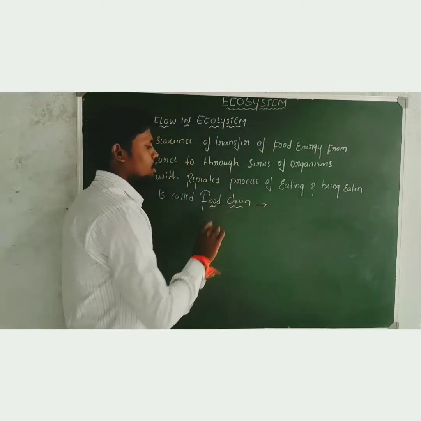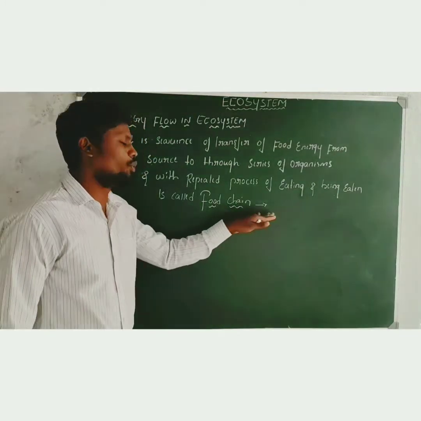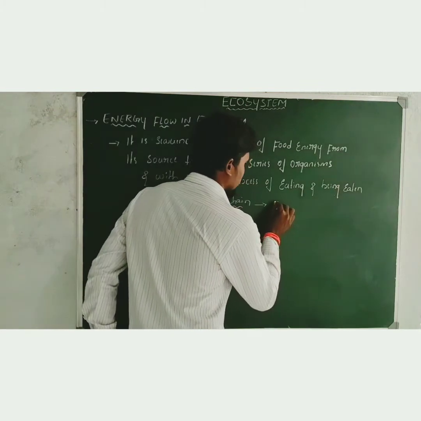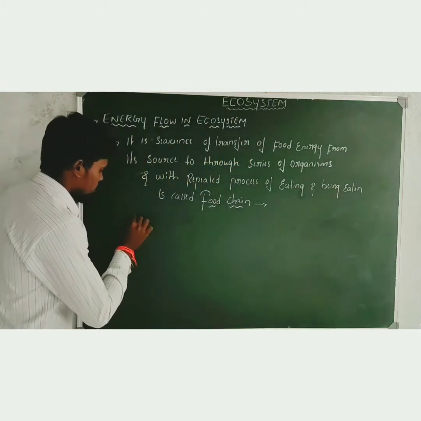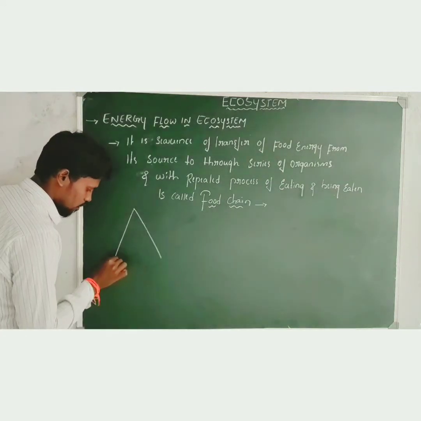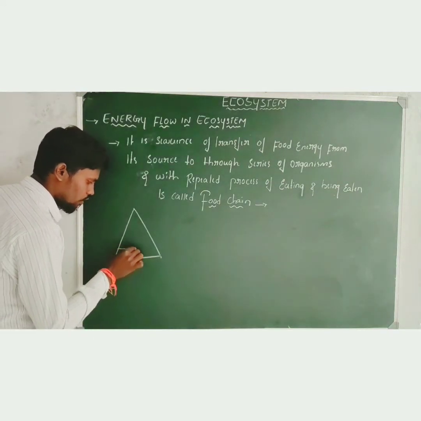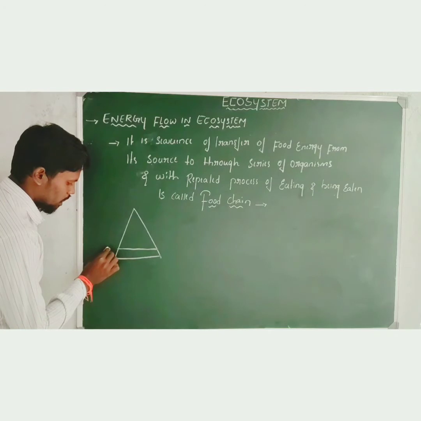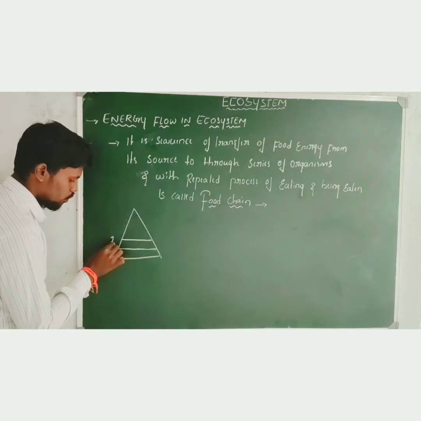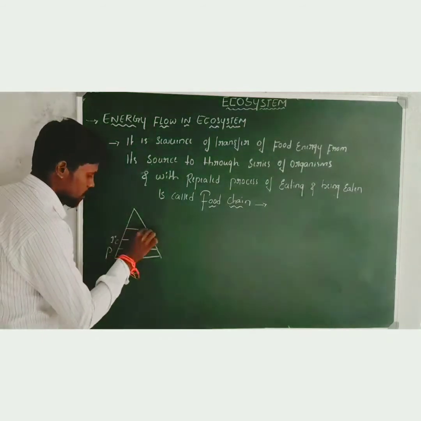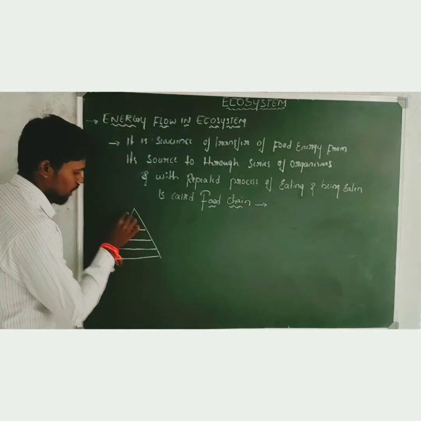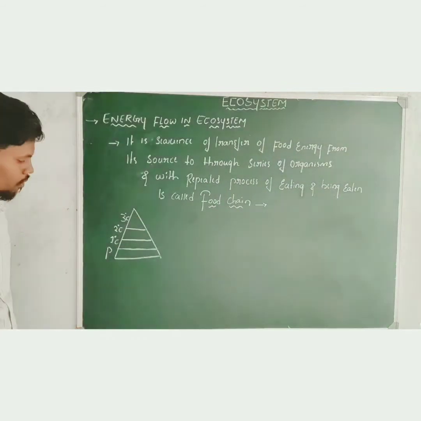See here, each step or each unit in the food chain, we call it a trophic level, right? Each step is a pyramid. At the base of the pyramid, producers are always present. Next, primary consumer, secondary consumer, and tertiary consumer.